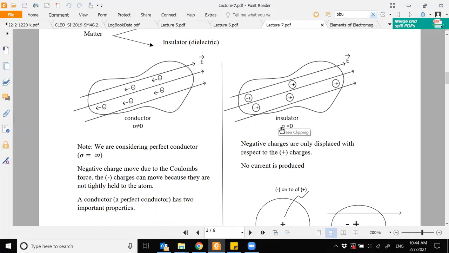But in practical cases it's difficult to have these kinds of materials. Although your insulator is there, it will still have some conductivity, and for a conductor you will not get infinite conductivity. Nowadays superconductors are coming, which are very close to infinity, but all the materials don't have infinite conductivity.